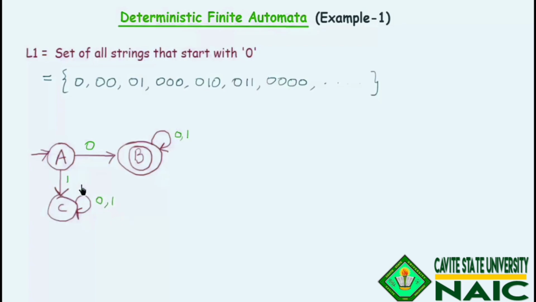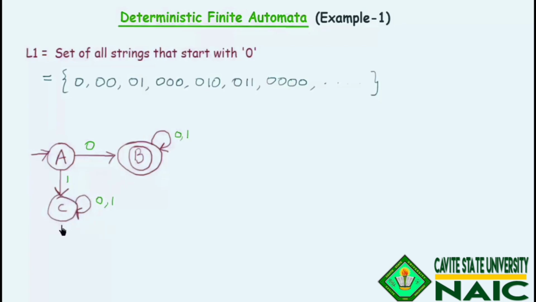So if a string starts with 1, it goes to state C, and after reaching state C, whether it is 0 or 1, it stays in state C. It cannot go back to the final state anymore.